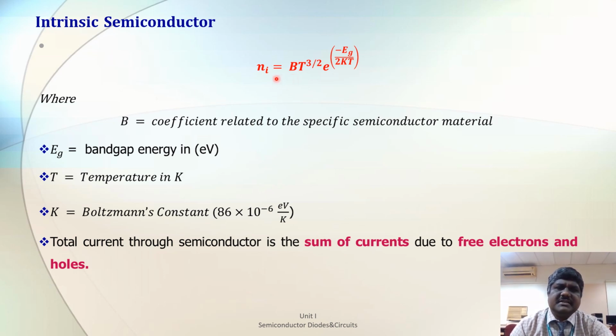Here B is a coefficient, Eg is the band gap energy, T is the temperature, and k is the Boltzmann constant, which we take as a constant value of 86 into 10 to the power minus 6. With this we can calculate the whole term for calculating the current.